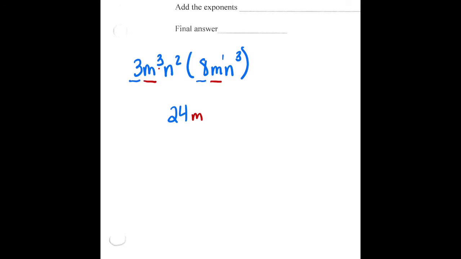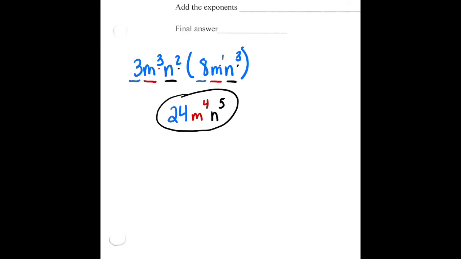So we have 3 plus 1, which would be to the 4th power. Next we have our base n's. So we have n and n here, so we're going to combine those into one base n, and then we are going to add our exponents 2 and 3, which is 5. So our final answer is this 24 m to the 4th n to the 5th power.